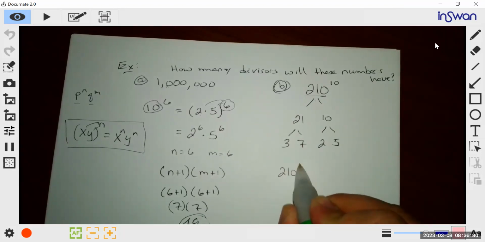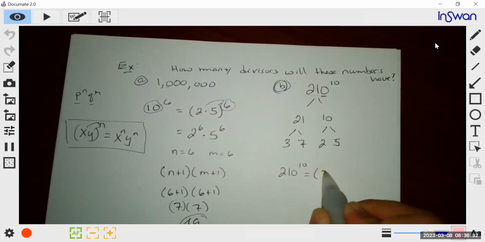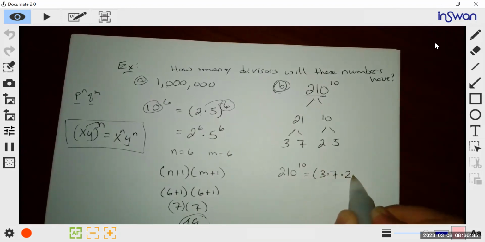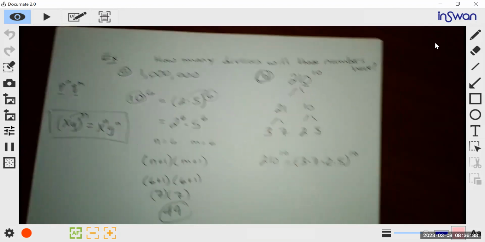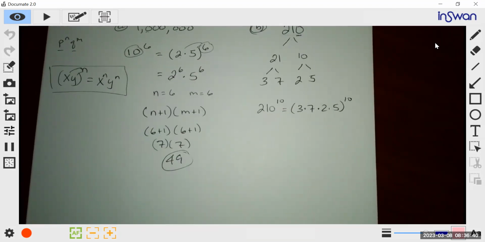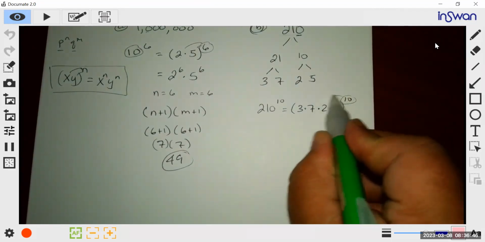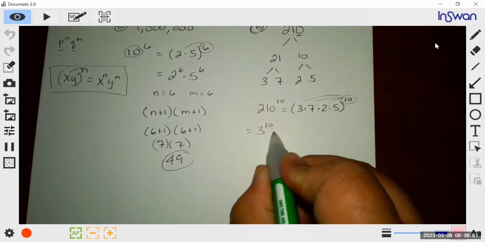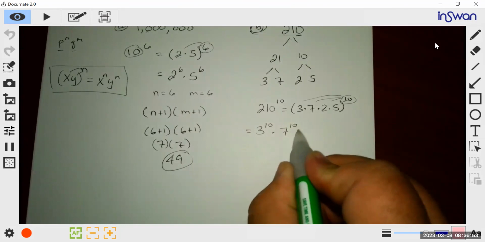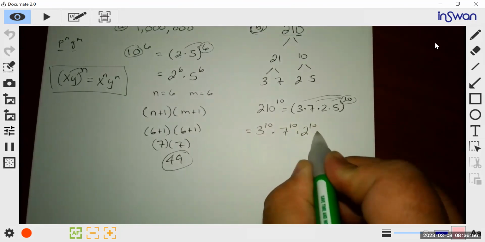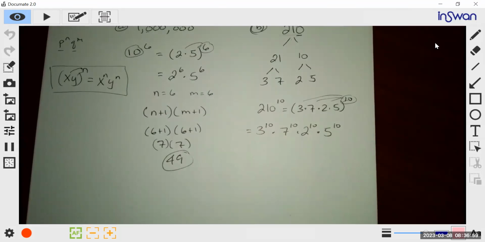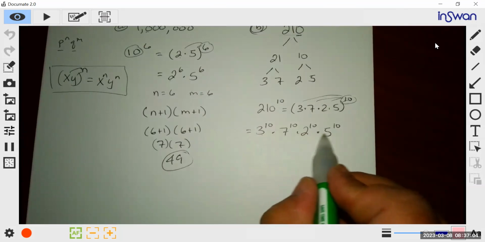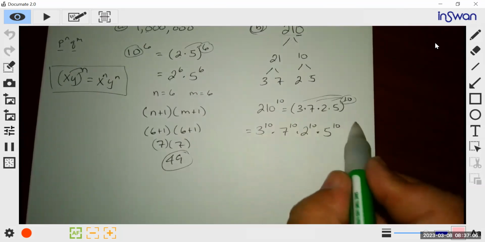So 210 to the power 10 is 3 times 7 times 2 times 5, to the power 10. Take this exponent and distribute it to everybody inside there. 3 to the 10 times 7 to the 10 times 2 to the 10 times 5 to the 10th. So this is P, Q, R, S, whatever.